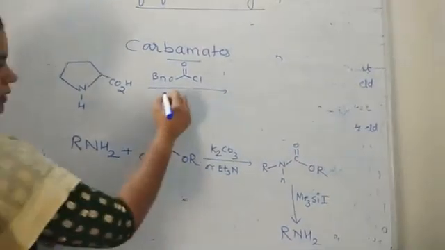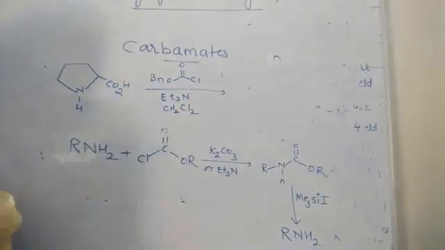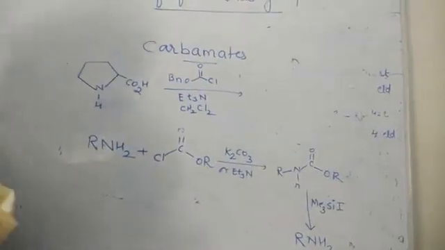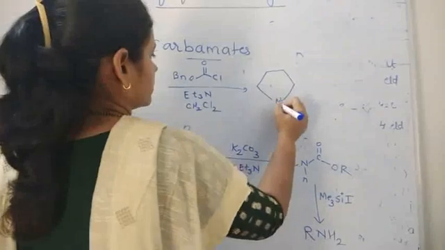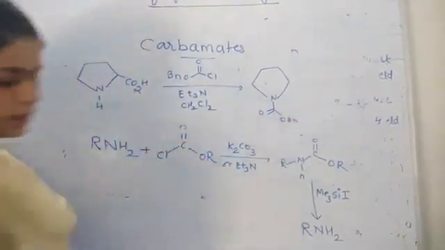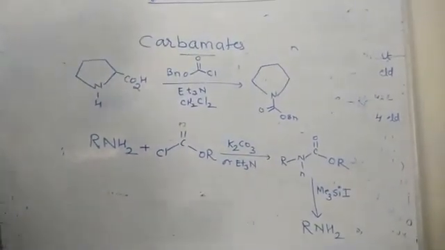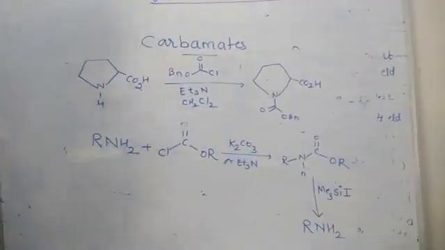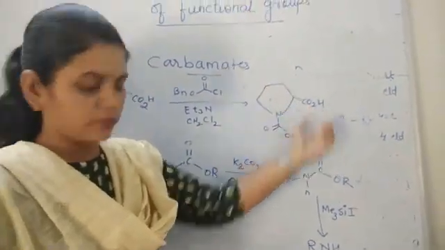Then here we can also write the solvent. Now this amino group gets protected here. Okay, and after that here we can write CO2Bn. Now all these positions are free for further reaction.